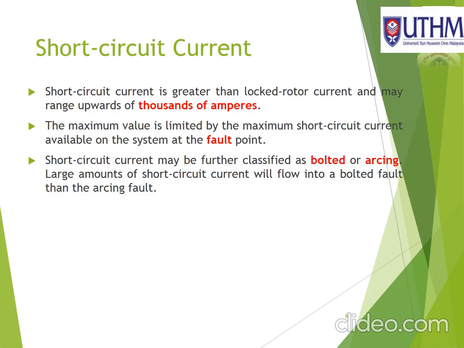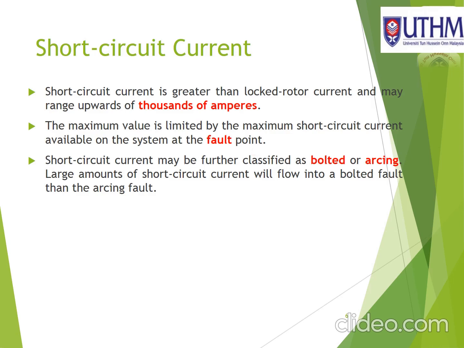Next is short circuit current. Short circuit current is greater than lock rotor current and may range upward of thousands of amps, so a very high value. The maximum value is limited by the maximum short circuit current available on the system at the fault point.